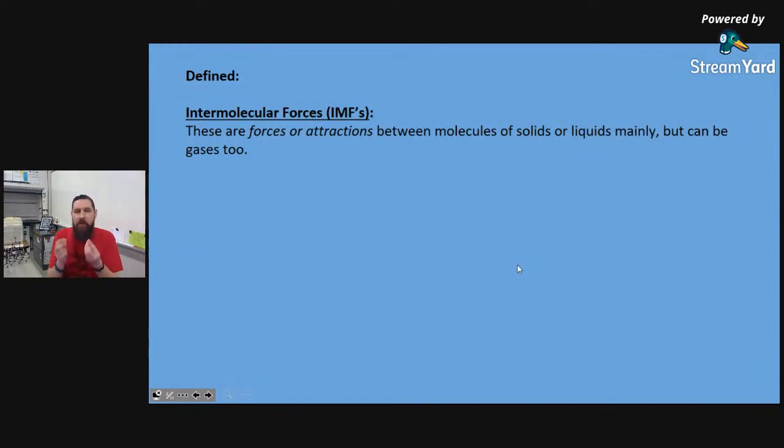That is an intermolecular force. Please don't confuse it with something called an intramolecular force. An intramolecular force is, in essence, a chemical bond, ionic or covalent. If you're not sure what an ionic or covalent bond is, take a look at my previous video on bonding, which should answer any questions you have regarding covalent, ionic, or metallic bonding.